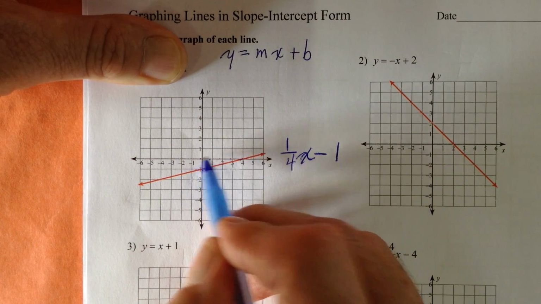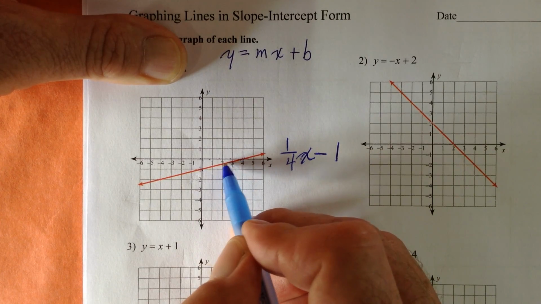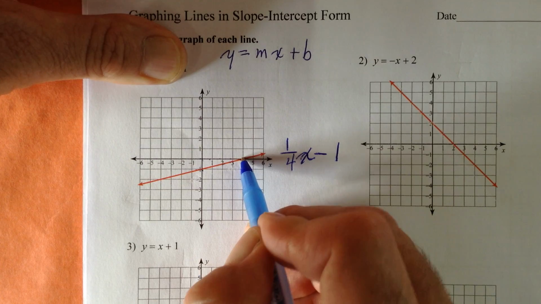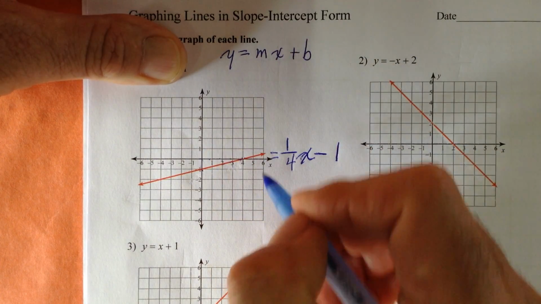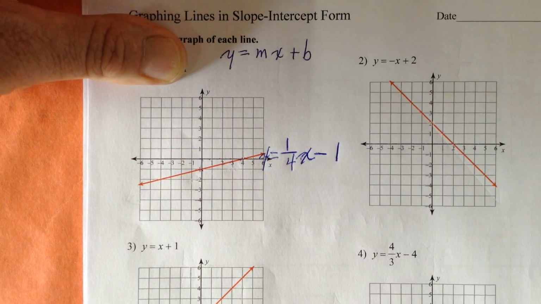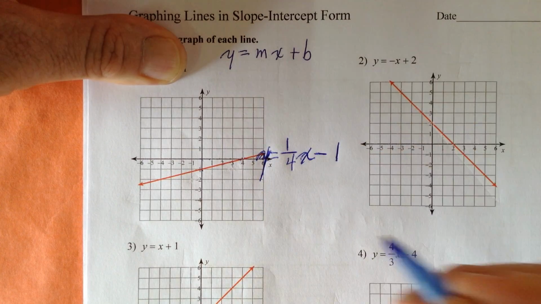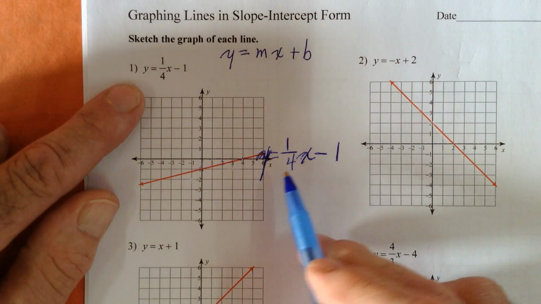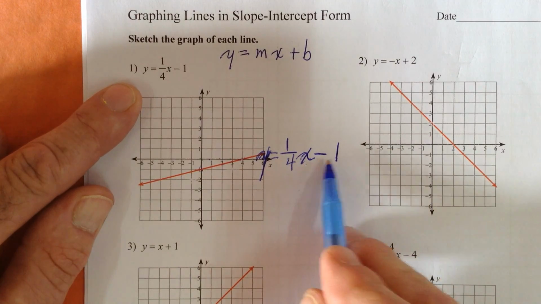Up 1 and over 4 to where it crosses a point again. See, here it's going through the middle of the lines, but here it's crossing right on. Okay, and then I got to finish the equation, then I put the y. So that should be a y, not an x, a y. So let me check here. Yeah, I got y equals 1/4 x minus 1.